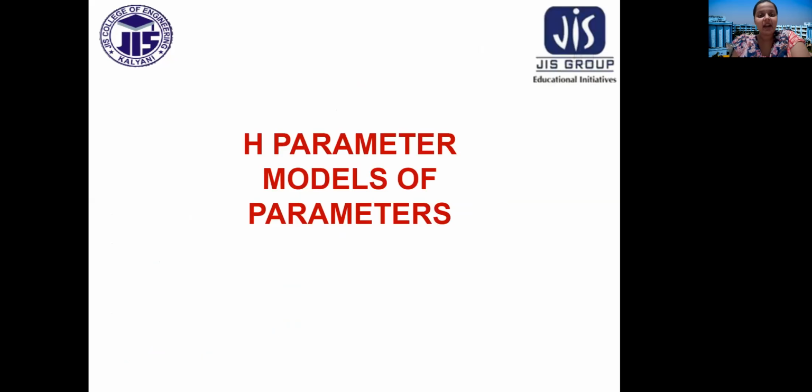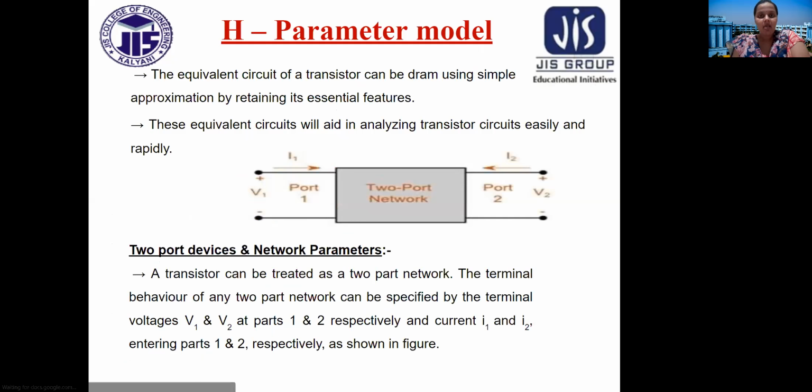Next is the H parameter model. What is the H parameter model? You have already studied it in your circuit theory, when two-port parameters are covered: the H parameter hybrid model. The equivalent circuit of a transistor can be drawn using simple approximation by retaining its essential features.